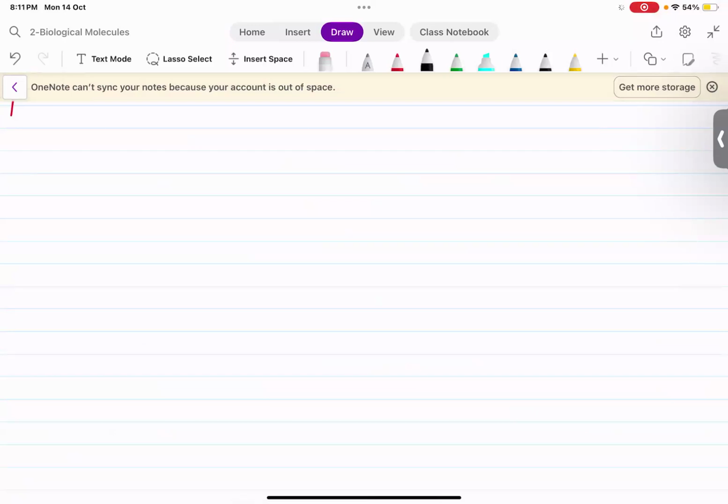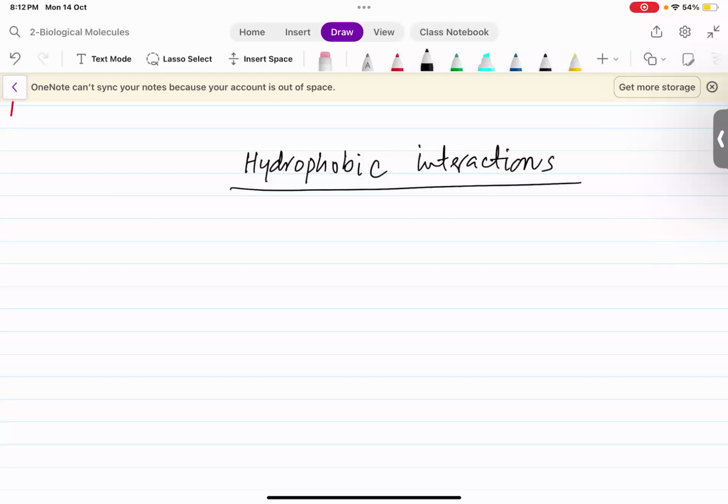Hydrophobic interactions. So these interactions are between the non-polar R groups of the different amino acids. These amino acids may be in the same polypeptide in a tertiary structure, or maybe in different polypeptides in a quaternary structure.